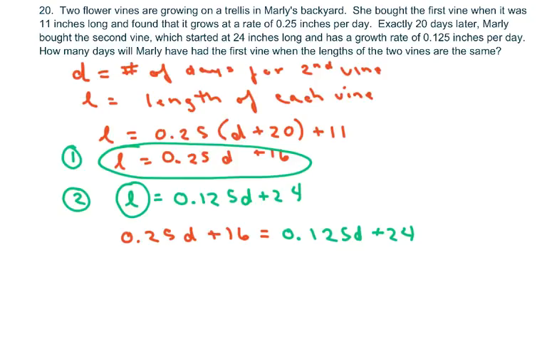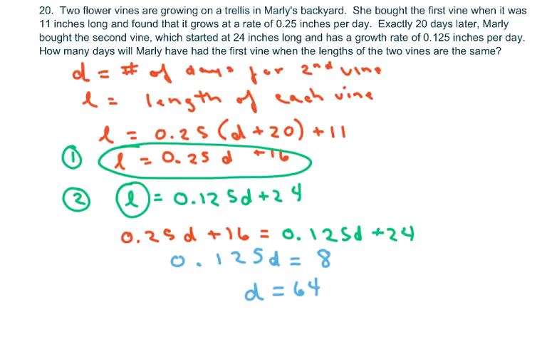And when you combine this, you're going to get 0.125 d equals 8. So d equals 64.